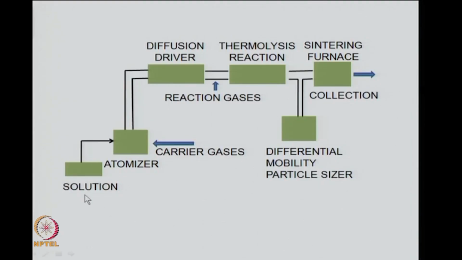So, this is a typical schematic flow diagram of what happens in a spray pyrolysis method. Here you have the solution where you have taken your precursor in a solvent, and that goes to the atomizer, and here you mix the carrier gases, the gases which are non-reacting like nitrogen, argon, helium, etc. This atomizer will then make droplets out of this solution.